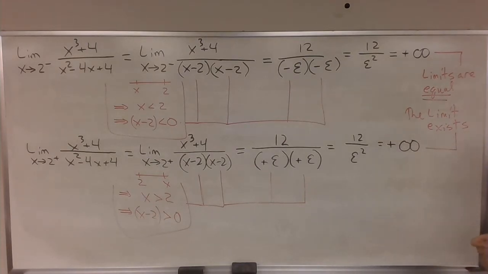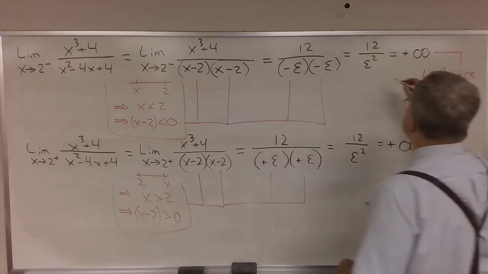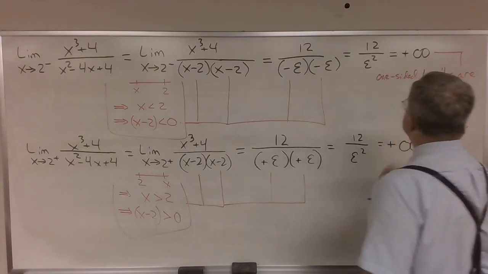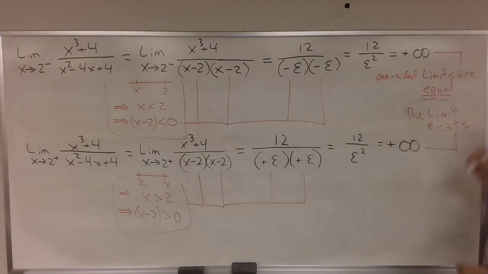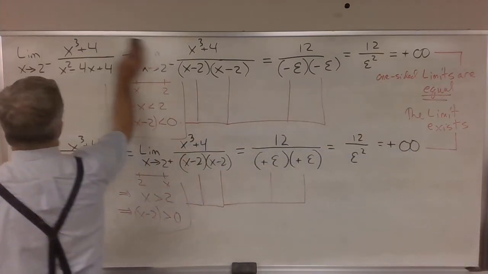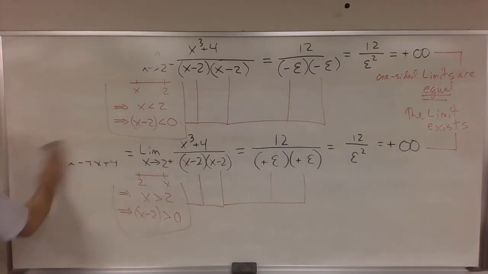The two one-sided limits are equal, so the limit exists. And now we'll encapsulate our results in a box.